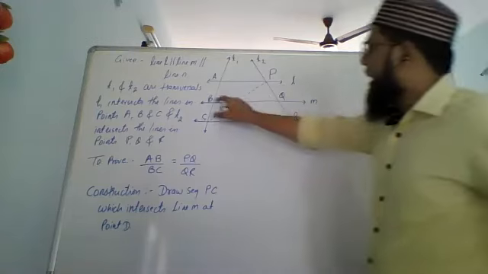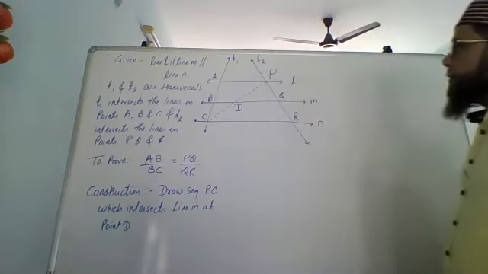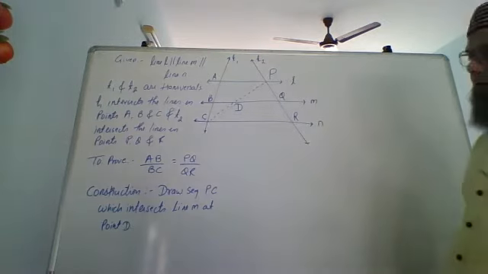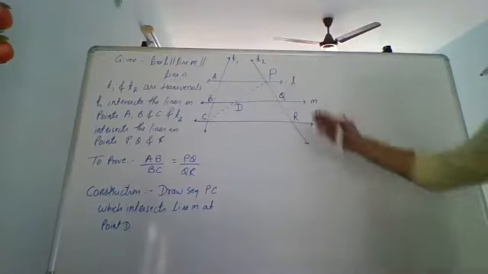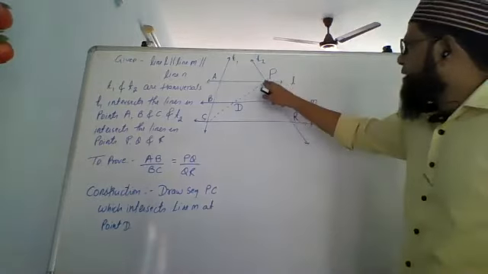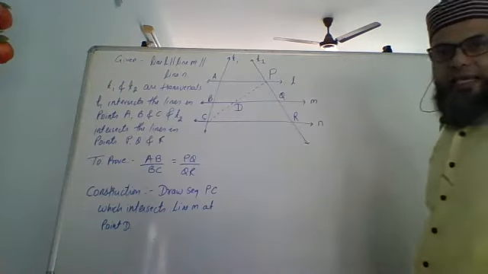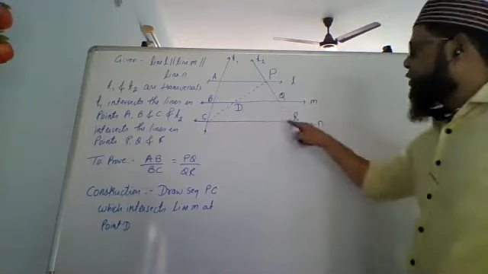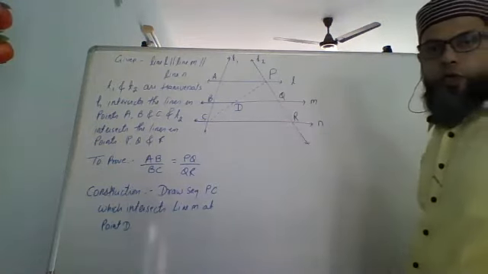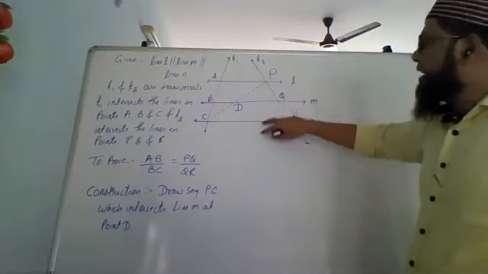So if they are parallel, by BPT, I can say this upon this is equal to this upon this. Simple. AB upon BC equals DP upon CD. That is equation number 1. Now look at triangle PCR. In triangle PCR, again DQ is parallel to CR, because M is parallel to N. So again BPT is applicable.